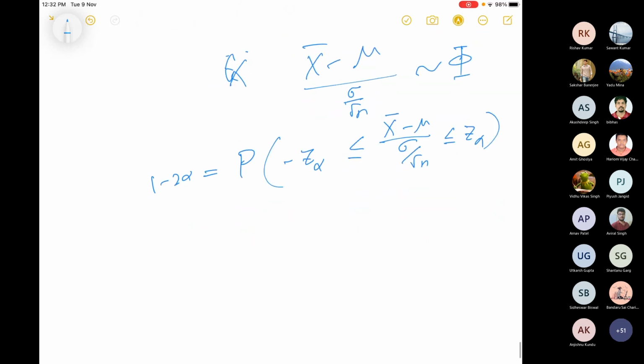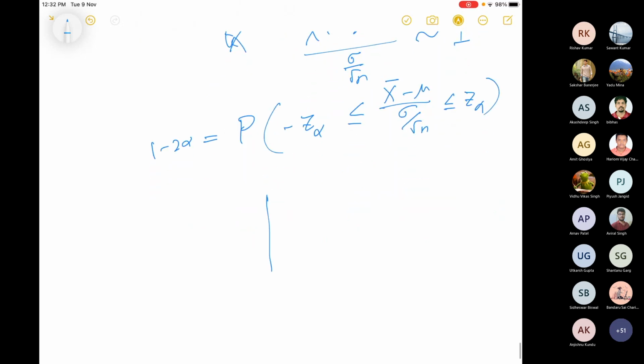This is a value. If you draw the normal with some mean mu, then Z alpha is that value such that on the right-hand side the area is alpha and on the left-hand side it is 1 minus alpha.